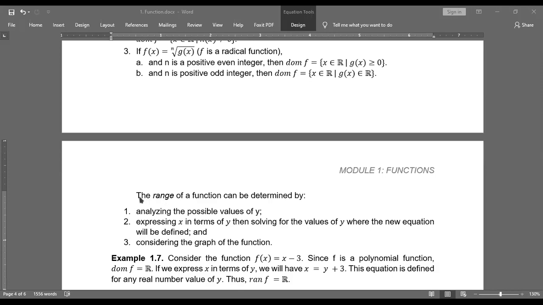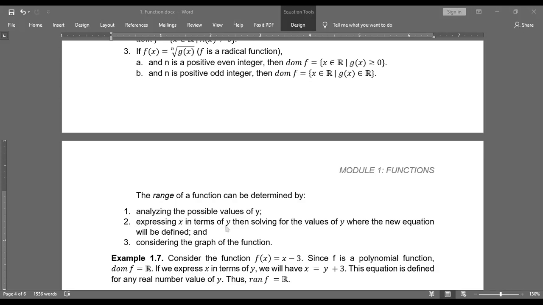Okay, let's go back to the range. So range can be identified by analyzing the possible values of y. If the set of all y values seems to be defined, then you may just write the range. And if not, you have to express x in terms of y, or isolate the x variable. Diba yung kanina naka-isolate yung y variable?